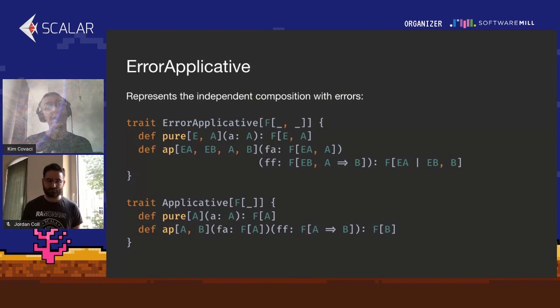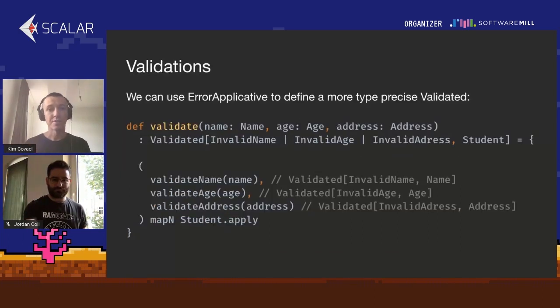We also considered another type class, error applicative. Let me remind what the usual applicative means. While monad represents the composition of dependent computations, the applicative type class is used to represent independent composition. So error applicative is the independent composition with errors. Sounds pretty cryptic, but in reality there is a very nice and concrete example of why it's useful: validations.